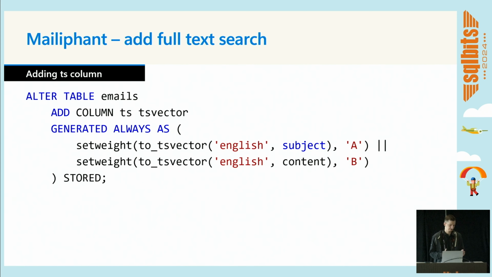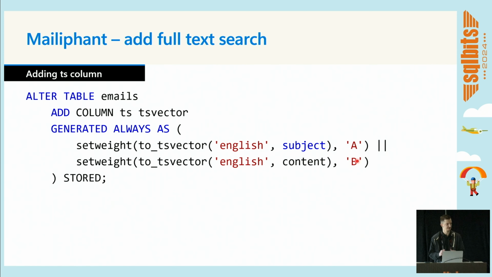So in this example, we are adding a column TS of the data type TS vector, generated always as, and we are going to build a document by concatenating the subject and content, and I'm adding weights to this content.